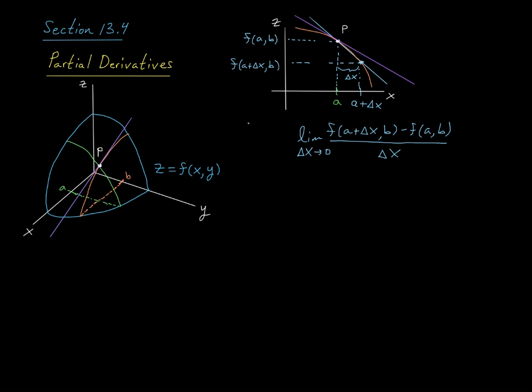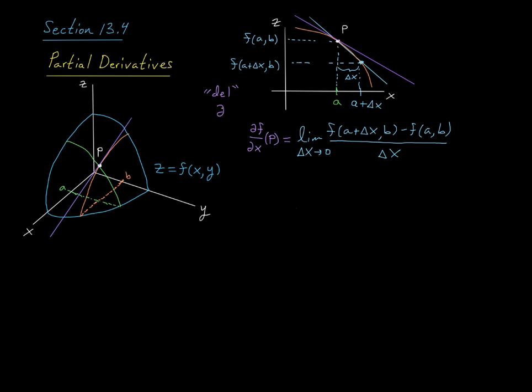I'm going to give this a special name. I'm going to call this del f del x evaluated at P. This is just like your dy dx notation you see in Calc 1, except here we're going to use this script d, which is referred to as del here.